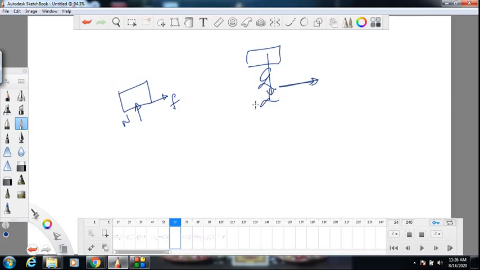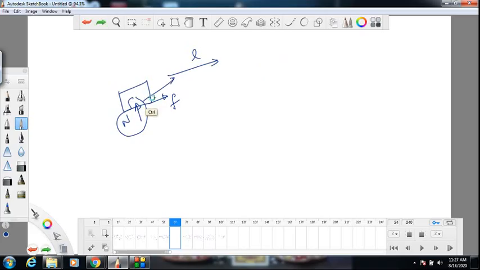So the person is definitely exerting a frictional force on the suitcase.